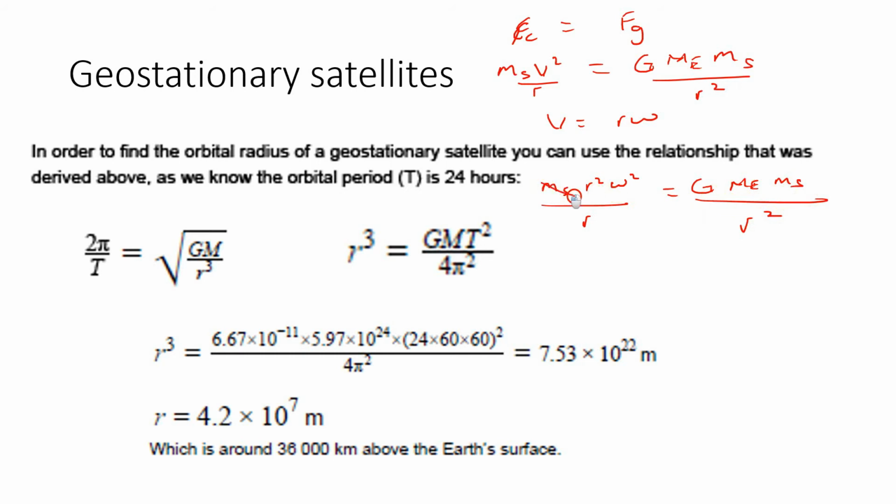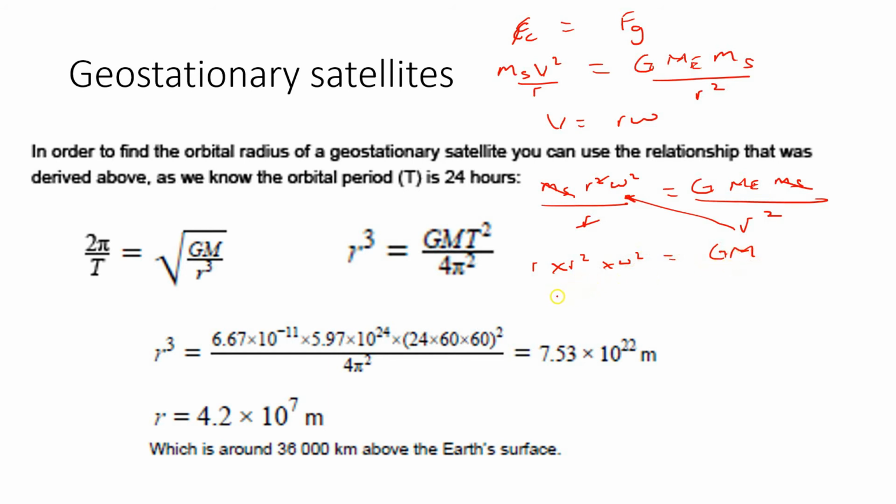Mind you that Ms can cancel out, so we no longer have the mass of the satellite to be considered. What we're trying to gear at is finding the orbital radius. One of these r's is going to cancel right here. Let's bring this r across the equal sign. So we have r multiplied by r squared times omega squared is equal to G times the mass of the Earth.